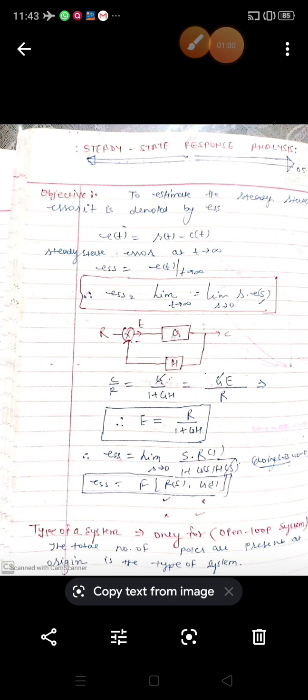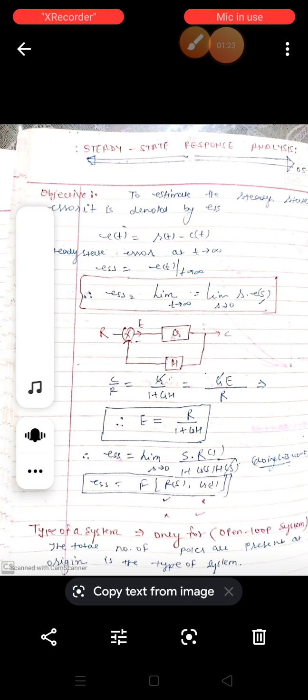So now we will begin the remaining portion of the time domain analysis, that is the steady state response analysis. In the steady state response analysis, we look at how much the system achieves its final value and what we are expecting. The steady state error is the difference between the expected value and the actual value.